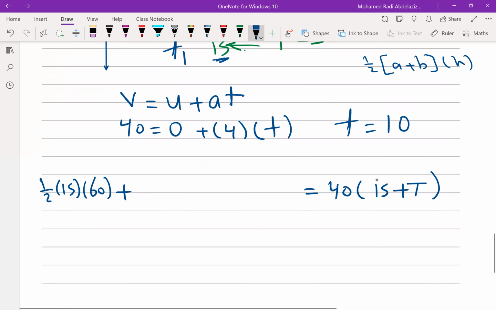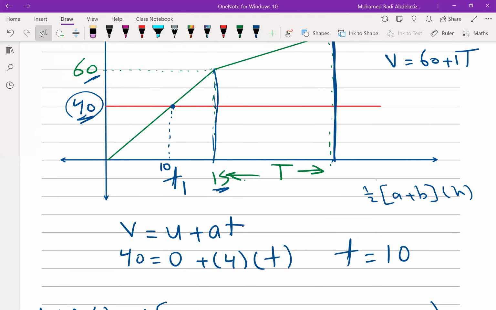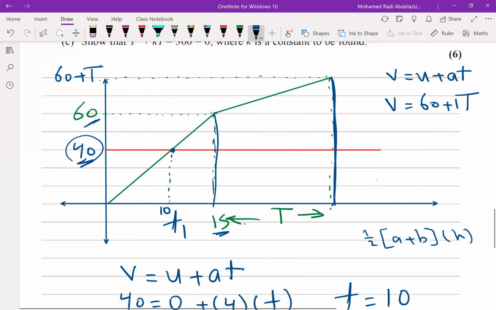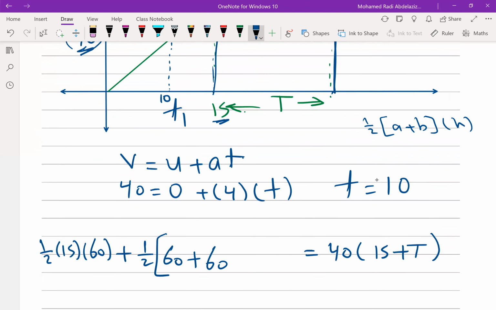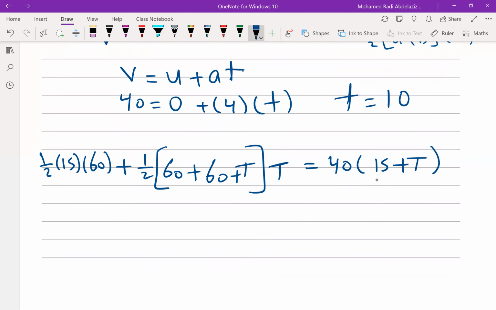So half, open bracket, a plus b is 60 plus the second one, 60 plus t, times the perpendicular height, which in between is t. Expand and simplify.